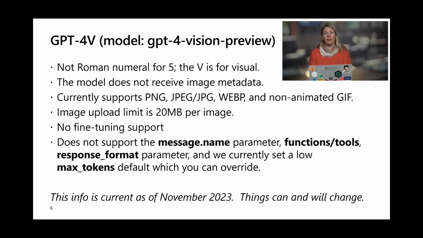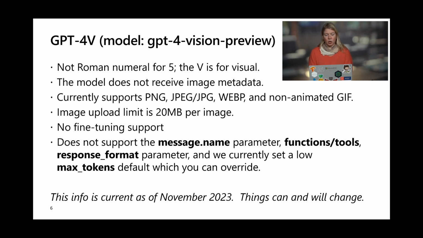With this model, you can input both text and an image, and then ask questions in your text about that image. The model does not receive any image metadata. So if you want information about the file size or information that is in the file name, that is not possible. It does support a variety of different well-known image formats, PNGs, JPEGs, etc.